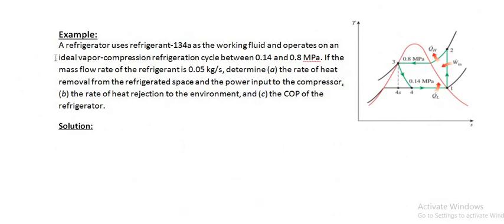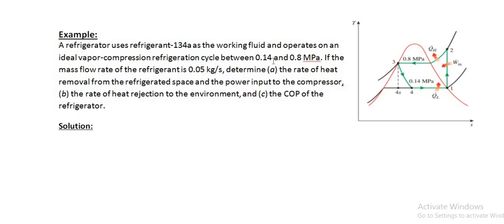So there you go. The example statement is: a refrigerator uses refrigerant 134a as the working fluid and operates on an ideal vapor compression refrigeration cycle between 0.14 and 0.8 MPa pressures. If the mass flow rate of the refrigerant is 0.05 kg per second, determine: A, the rate of heat removal from the refrigerated space and the power input to the compressor; B, the rate of heat rejection to the environment; and C, the coefficient of performance of the refrigerator.